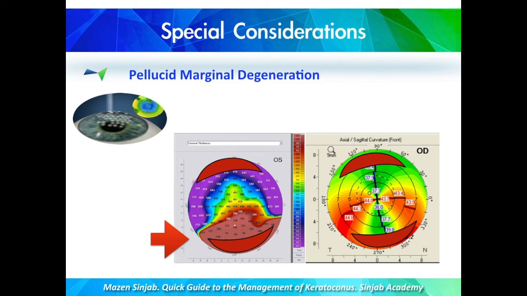Now the superior part, there is no problem, while in the inferior part, if the laser profile includes the inferior part, it will be a disaster. So sometimes in pellucid marginal degeneration, we cannot do laser vision correction or the customized laser vision correction.